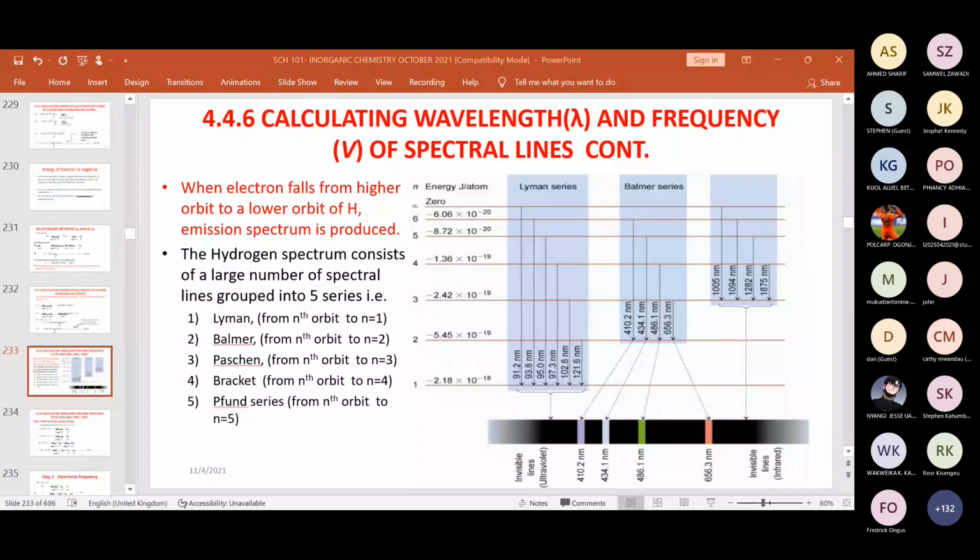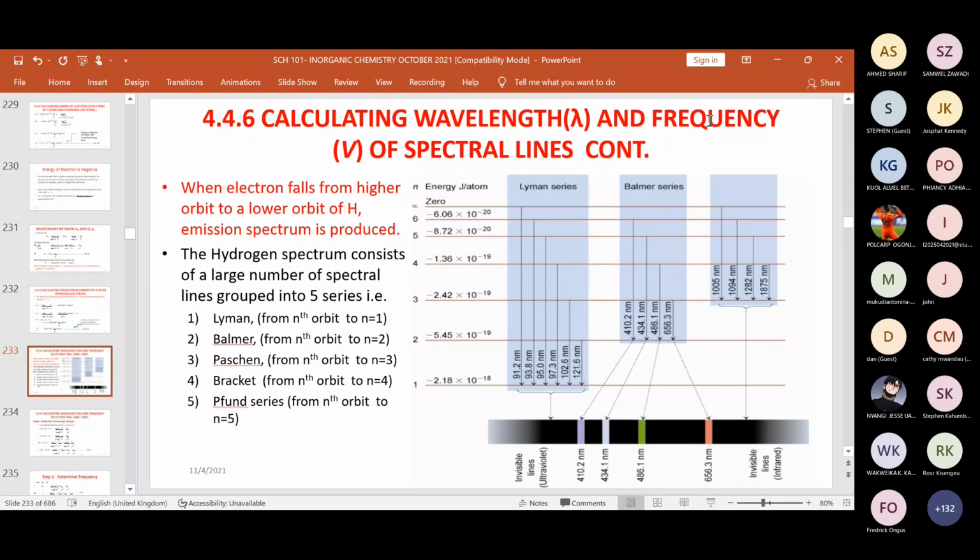So there are two things that you need to take note of here. Look at numbers 1, 2, 3, 4 as you go up. Look at them very carefully and look at the power. It is becoming negative 18, then negative 19, then negative 19, then negative 20.